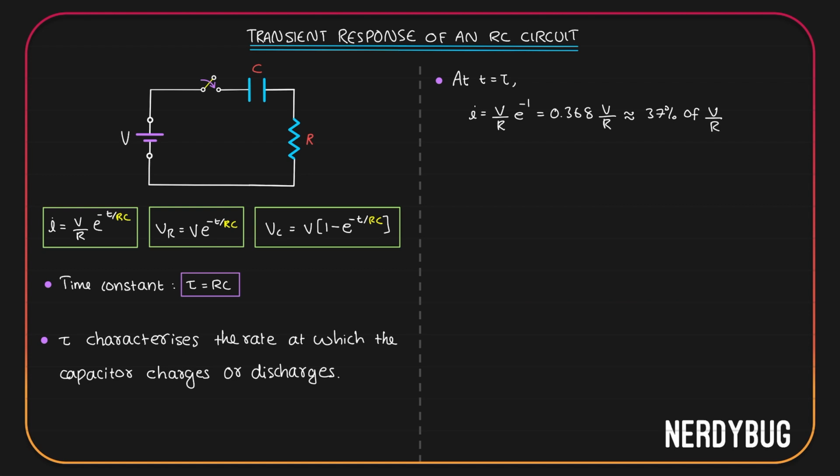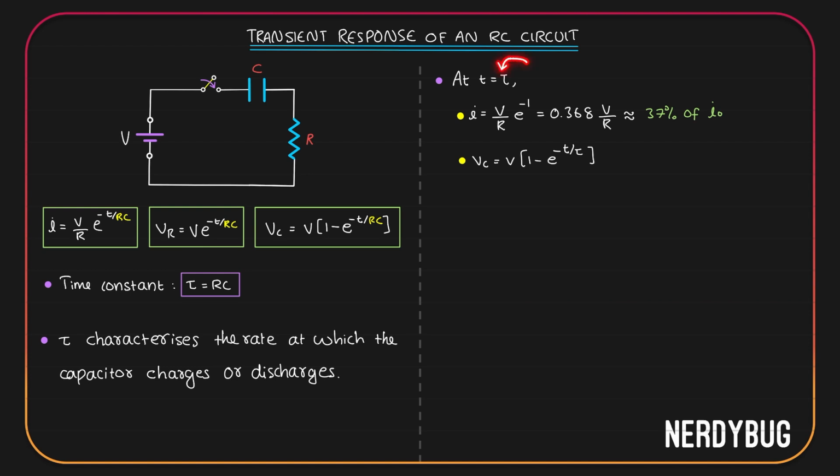But what is V by R? V by R is I naught or our initial current, which is really high. So we could say when one time constant has passed, the current will become 37% of its maximum value, which is I naught. Let's see what happens to the potential across the capacitor. Vc is given by V multiplied by 1 minus e raised to minus t by tau.